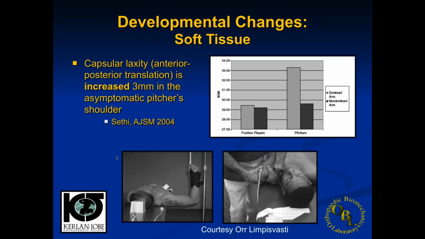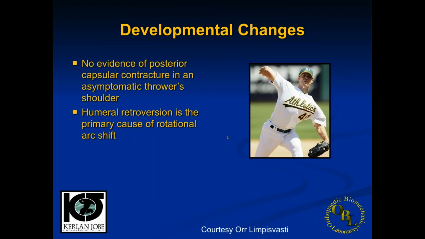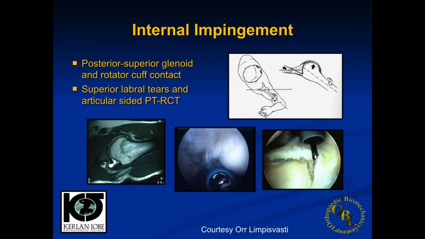And then you can also measure soft tissue changes in these individuals. It's generally felt now that there really is no good evidence of a capsular contracture to cause this, and it's generally thought that it's not really stretching of the anterior capsule anymore. It's really retroversion of the humeral head, the proximal humerus, that allows most of the rotational shift.